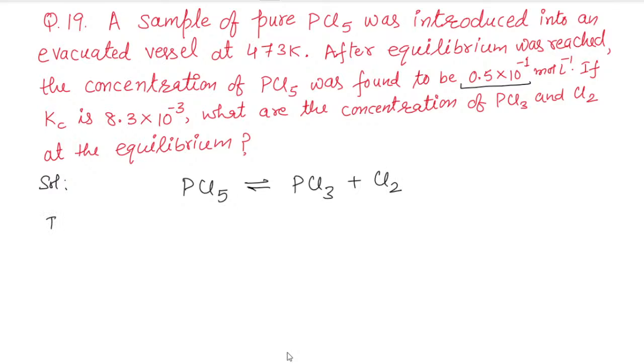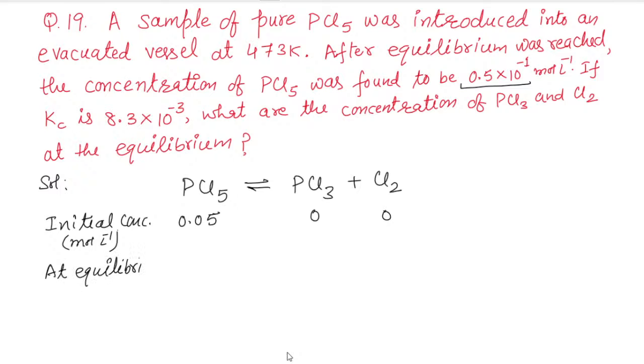Now the initial concentration of PCl5 is 0.5 into 10 raised to power minus 1. So it is 0.05 actually, initial concentration in mole per liter, right? And it is 0. Now at equilibrium, what happened?